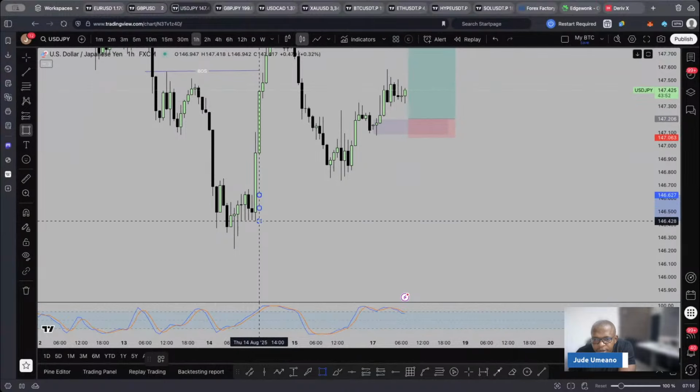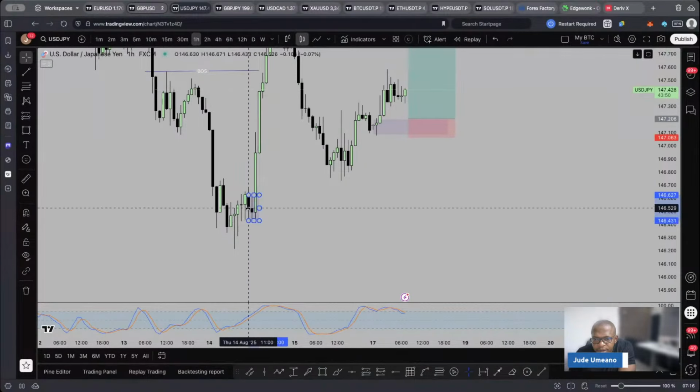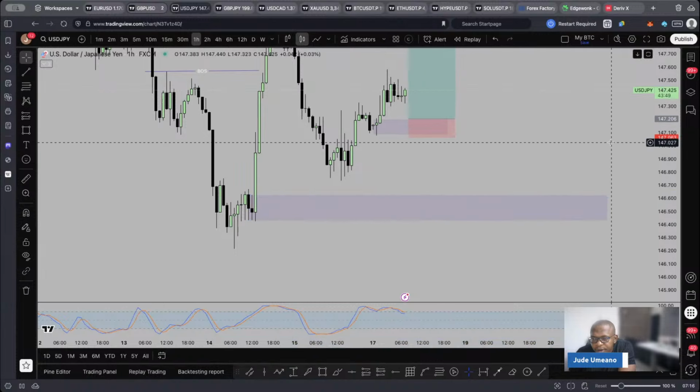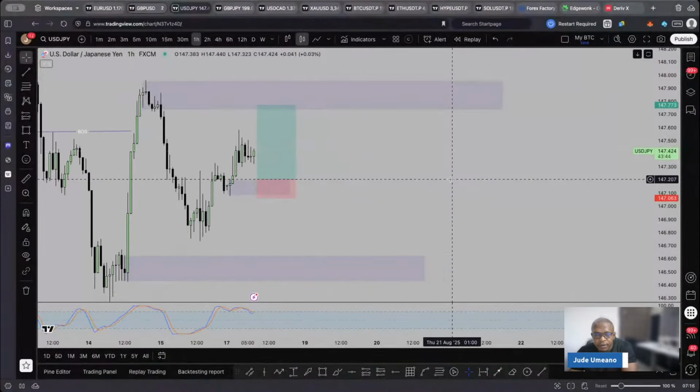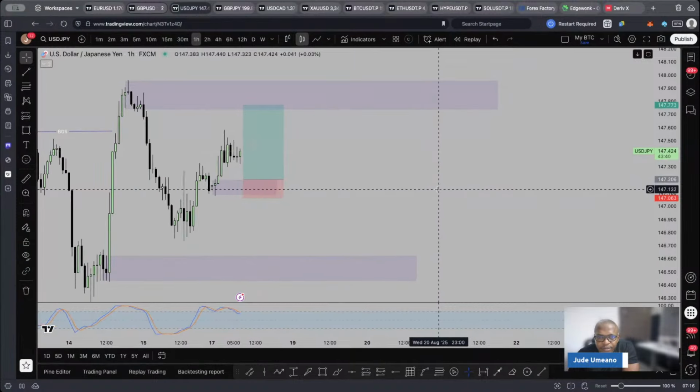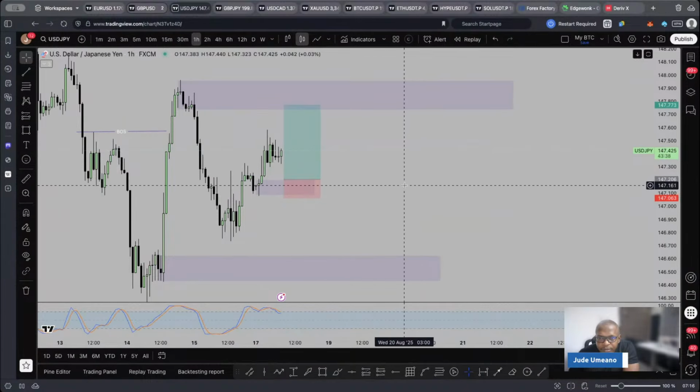Again, this origin that we have here, the demand zone we have here, is here to be taken.